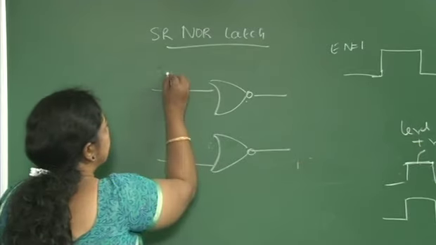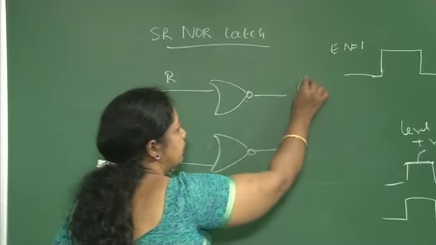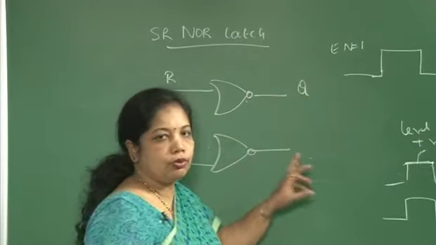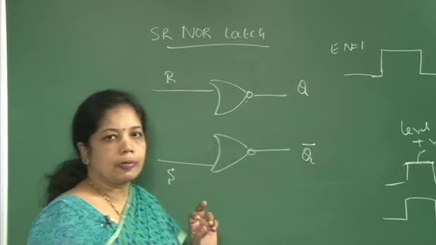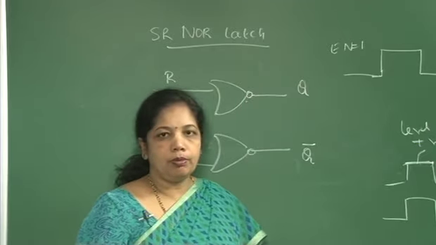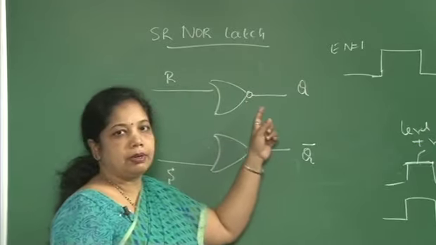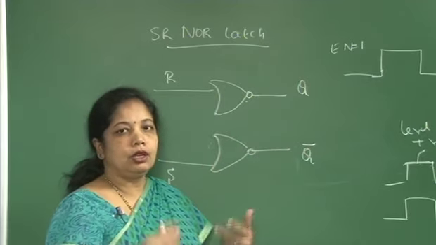So, R, S, and as we know, we have two outputs, one normal and the other complemented. Always in a latch or a flip-flop, the output of the upper gate is fed back as an input to the lower gate.